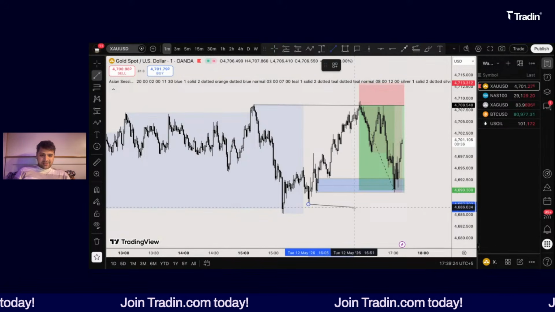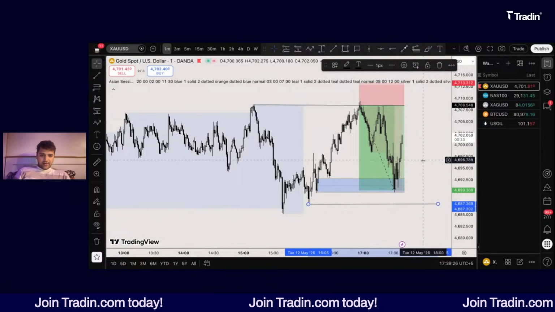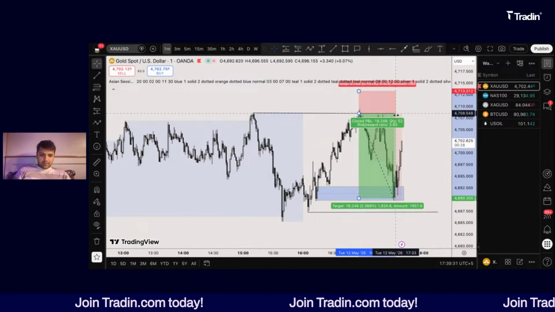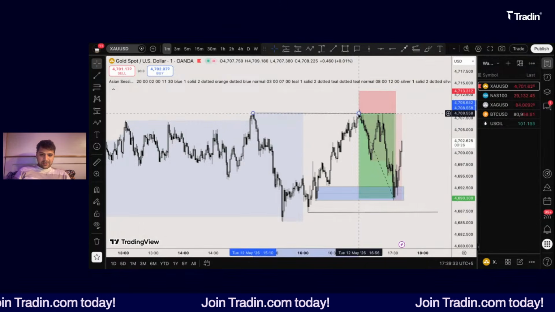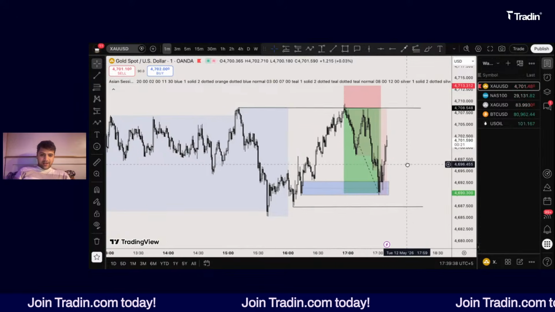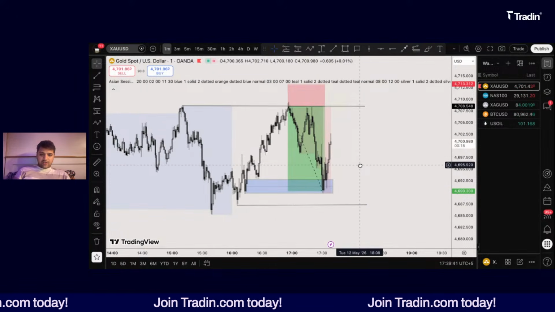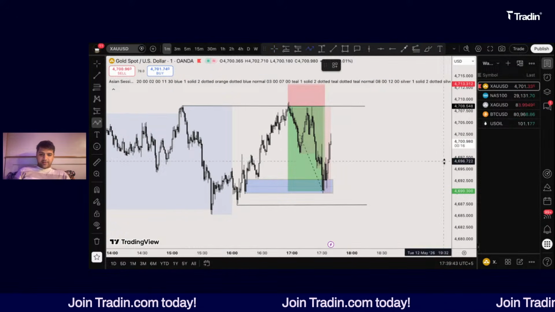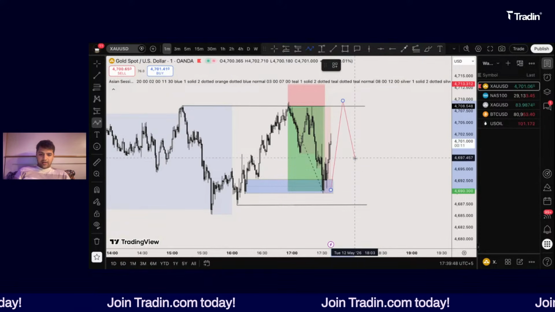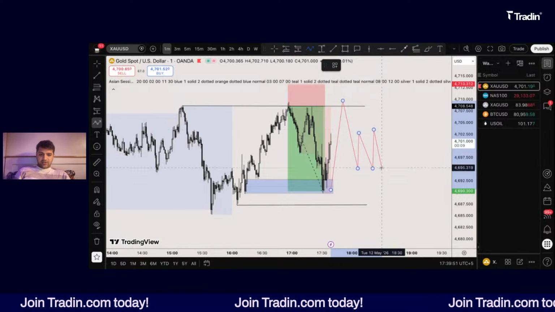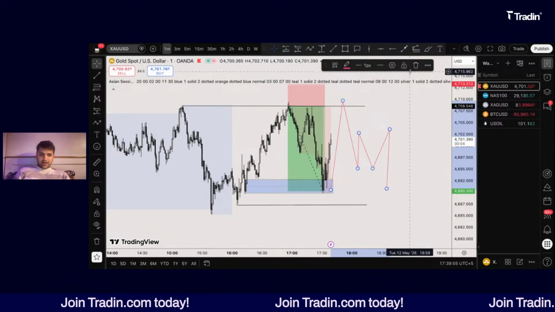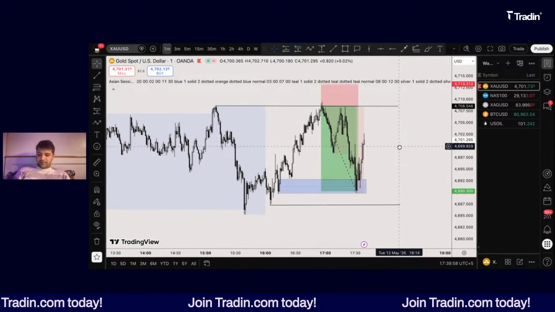Your range low is 4687, this line, and your range high is 4710. As long as the price action is in this tight range, you can expect bounces. You can expect price action going from this low to this high again and maybe drop again, or maybe start to range back in this range. So I don't see any setup other than this range bound price action on the 1 minute time frame.